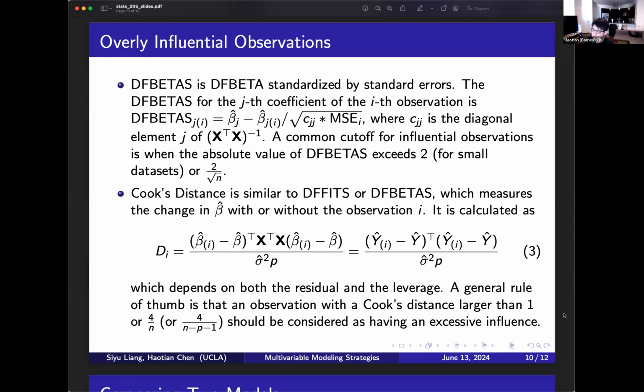Lastly is Cook's distance, which we covered in lecture, and which has the same philosophy as DFFITS or DFBETAS: it measures the change in beta hat with or without observation i. A general rule of thumb is that an observation with a Cook's distance larger than 1 should be considered as having extensive influence.